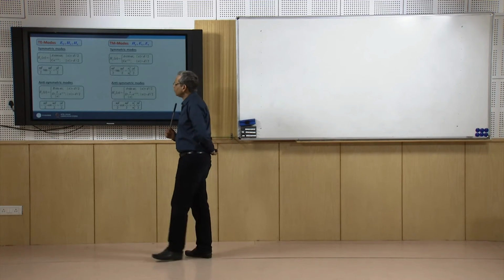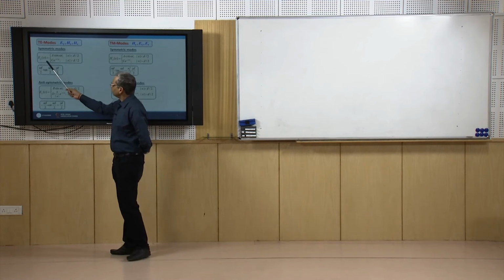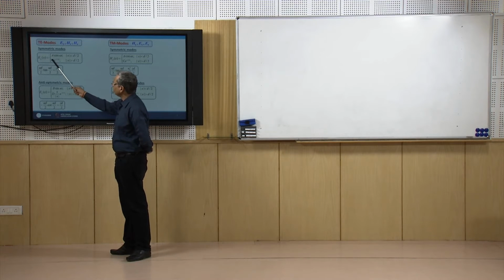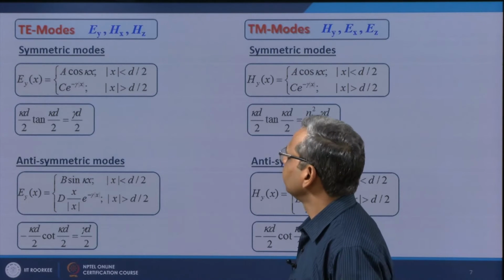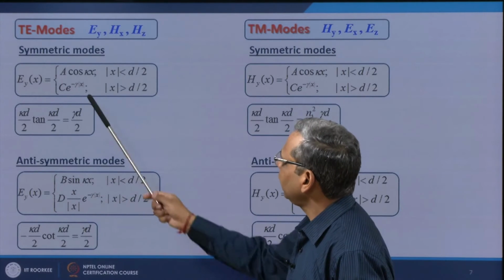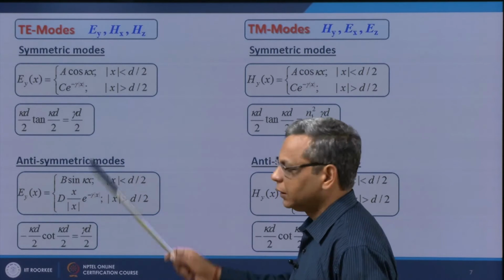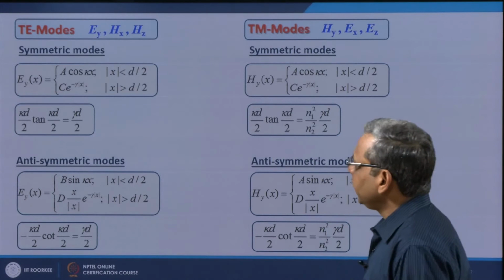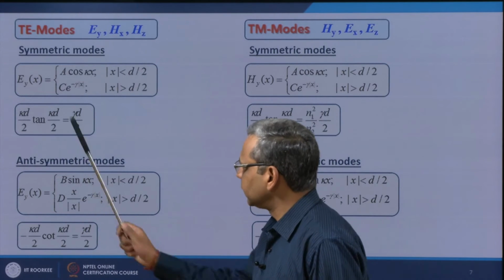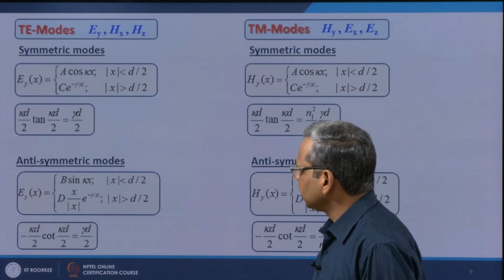For symmetric modes, the field profiles are given by Ey of x is equal to A cosine kappa x in the guiding film, the high index region, and it is exponentially decaying in the lower index surrounding. The values of beta satisfy this equation. This is the transcendental equation.